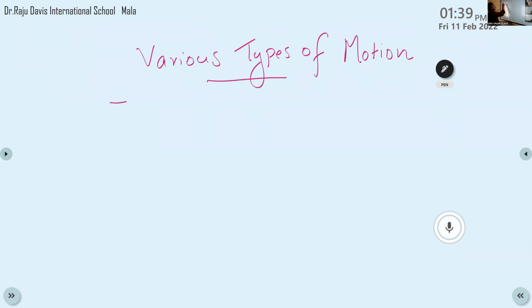So here we have seen the movement of a vehicle, then the falling of a stone.